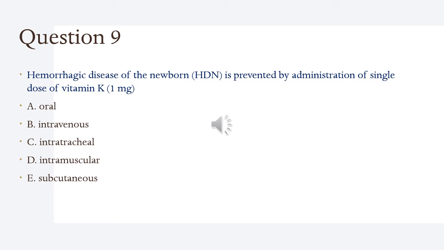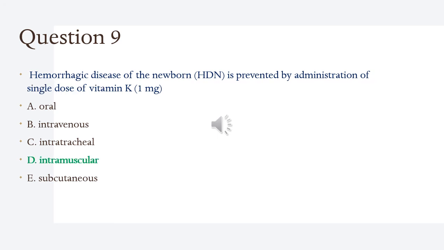The correct answer here is intramuscular. Anyone who has worked in a neonatal unit or labor ward knows that vitamin K is just one dose, 1 milligram IM at delivery.